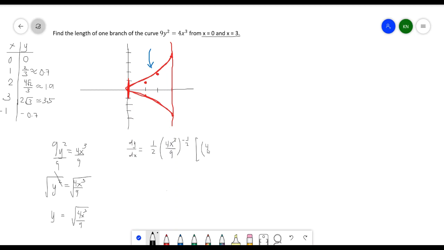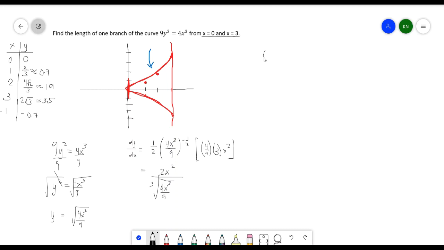We have 4 over 9 times 3, then we have the x squared. Now simplifying this, we have 2x squared all over 3 square root of 4x cubed over 9. So basically this is what we will be using for the integration of our length of the curve.